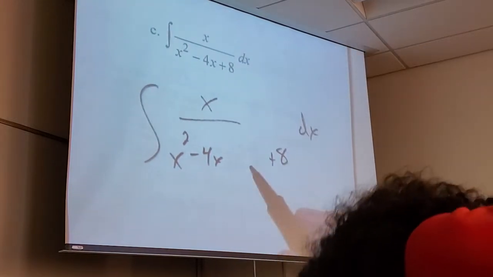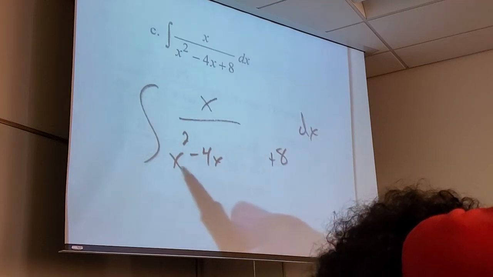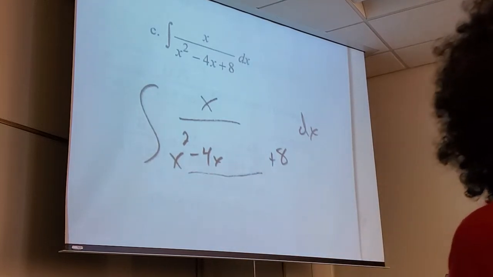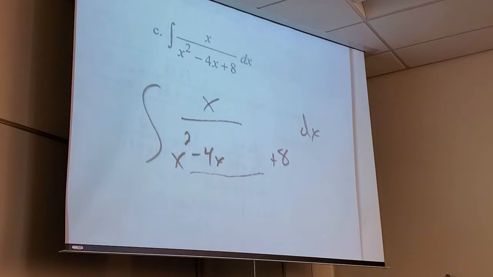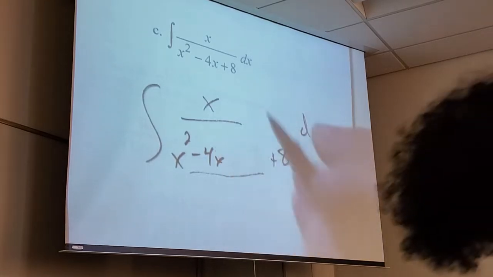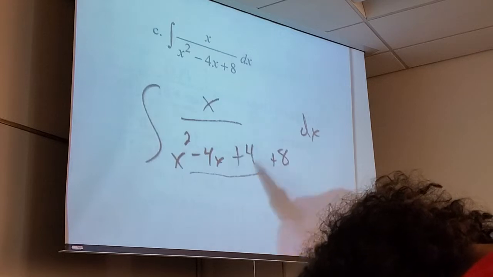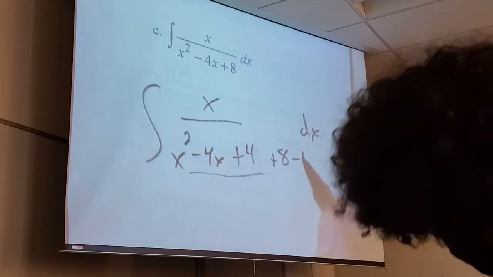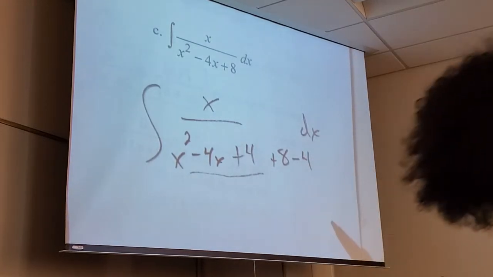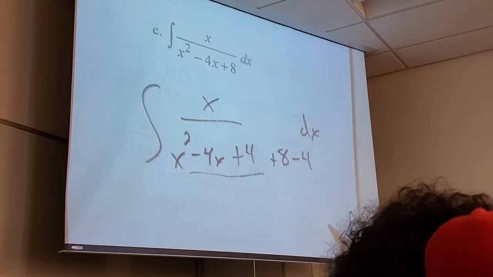So what I have to add and subtract so that I can make this into a trinomial that's a perfect square. You guys remember how to get that? It's half of the middle squared. Half of -4 is -2, squared is 4. So if I add 4, I better subtract 4 at the same time. So overall, I just did nothing.